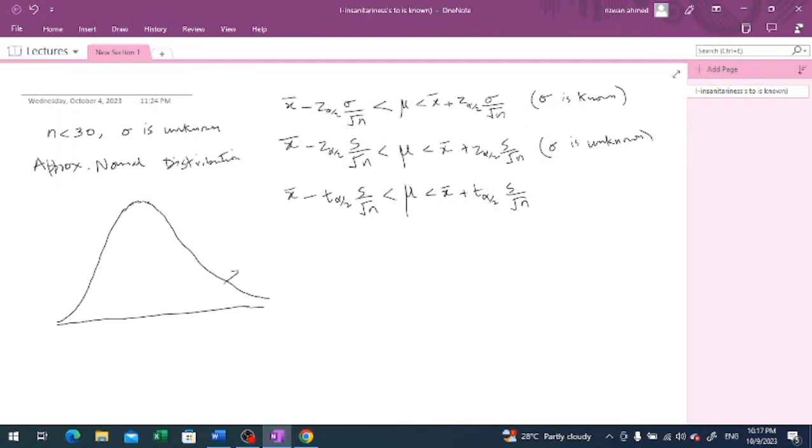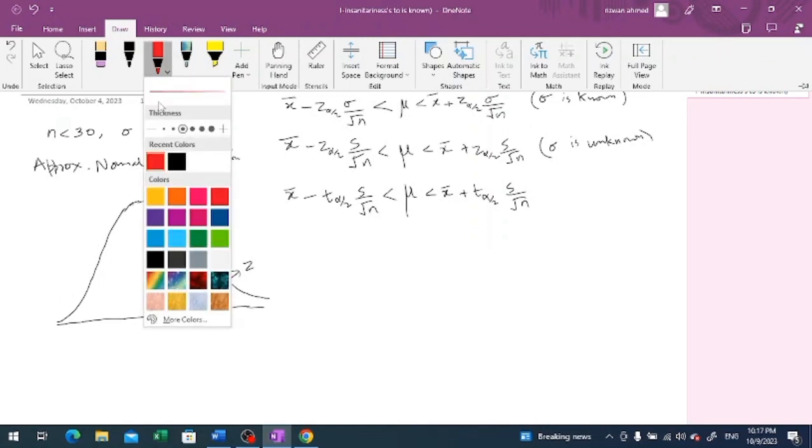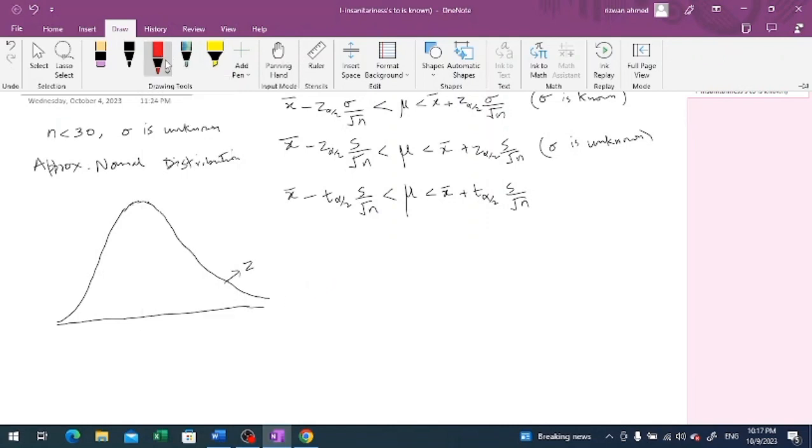So let's assume that this is the z distribution curve. Now, we are going to draw the t distribution curves that are relatively flatter. I'm going to draw the curves of sample size 10 and sample size 20.